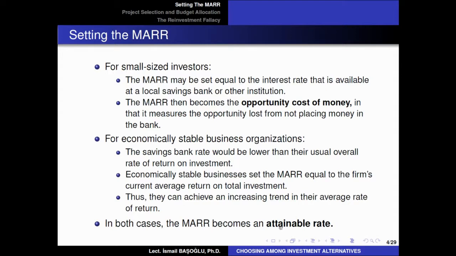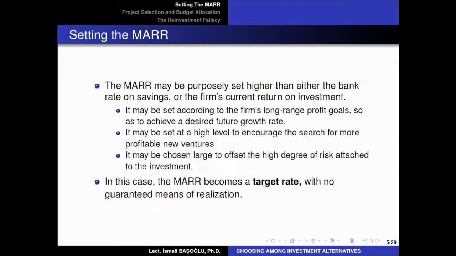It is possible for you to find investment alternatives with that rate of return. However, sometimes the companies set their minimum attractive rate of return purposely higher than the bank's interest rate, or they especially set it to a higher value than the firm's current average rate of return.